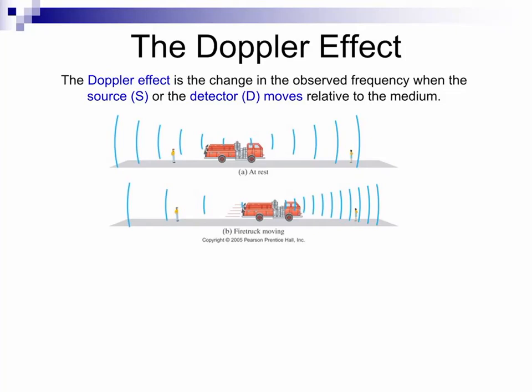Is it the person in front or the person at the back? Okay, the wave in front will have a higher frequency because the crests are more closely spaced. You have more crests passing a certain point per given time. So the person in front will hear a higher pitch compared to the person at the back.